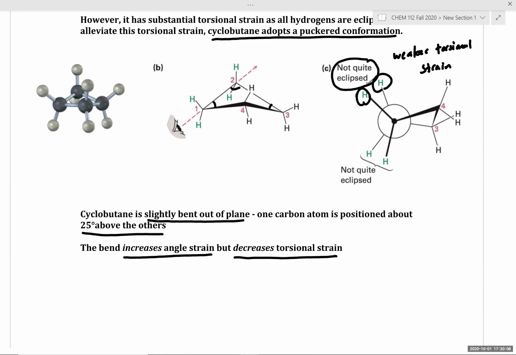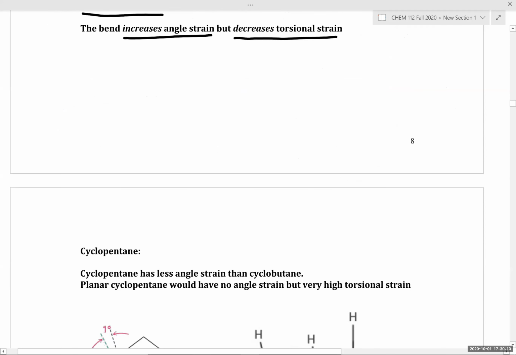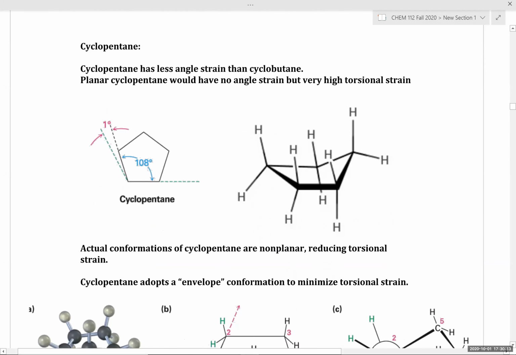Okay, so let's look at cyclopentane systems. Cyclopentane has less angle strain than cyclobutane. And interestingly enough, planar cyclopentane would have no angle strain.